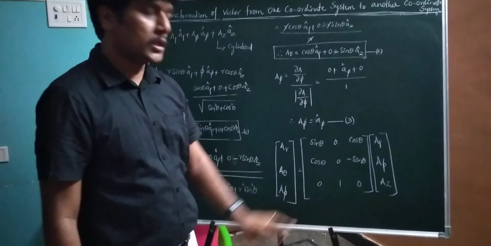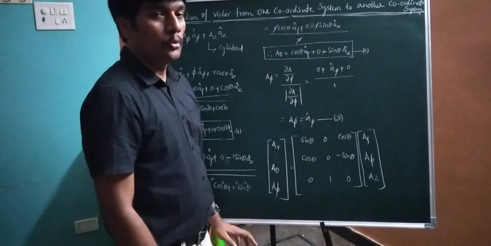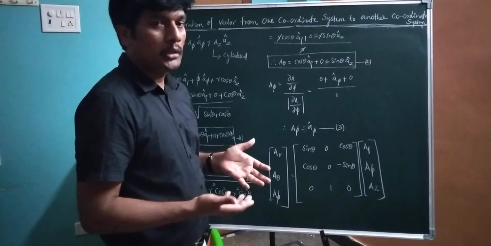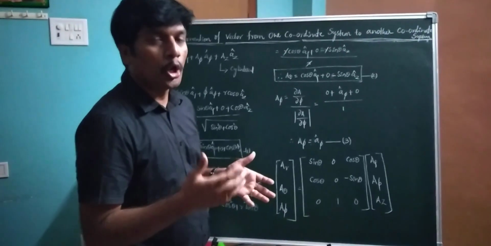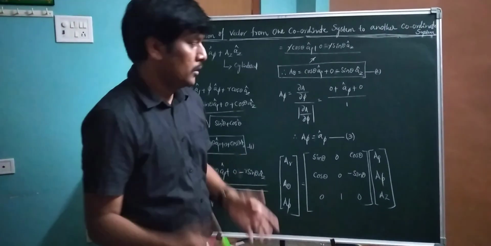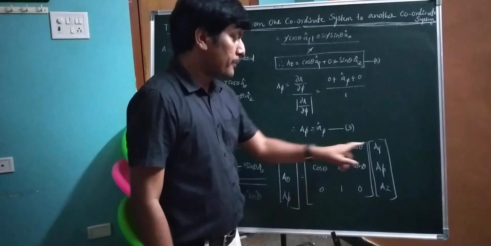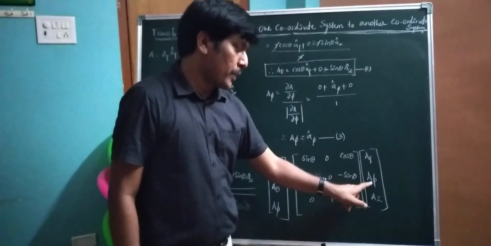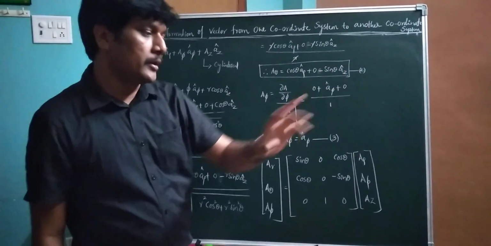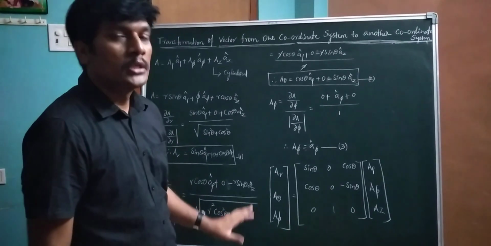This matrix is called a transformation matrix, which is used to convert or map the vector presented in cylindrical with the vector presented in spherical. A r, a theta, a pi are mapped with a rho, a pi, a z. A rho, a pi, a z belong to cylindrical. A r, a theta, a pi belong to spherical.